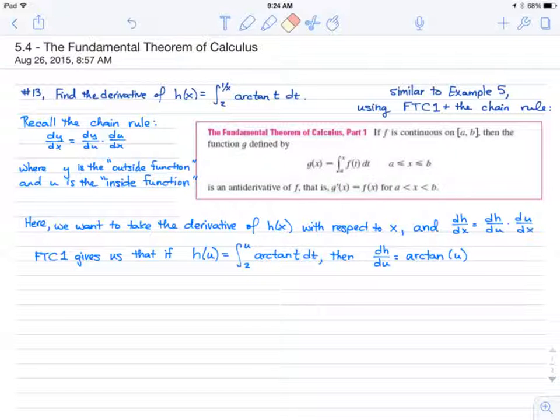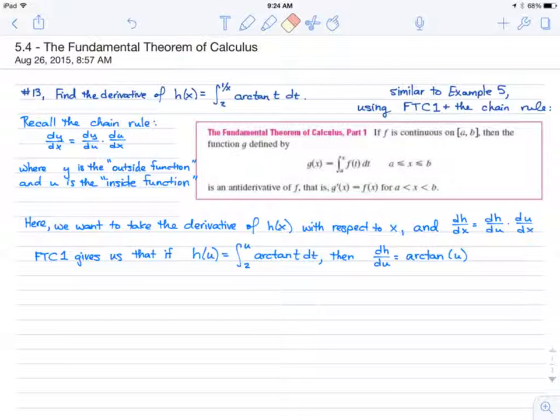I don't like it being a function, so I'm going to use the variable u to represent it. And a can be any number, in our case it's 2. And now instead of g of x here, they called it h already, so let's call it h. It's a function of u, because we want the variable to be the one that's represented as the upper bound of this integration.